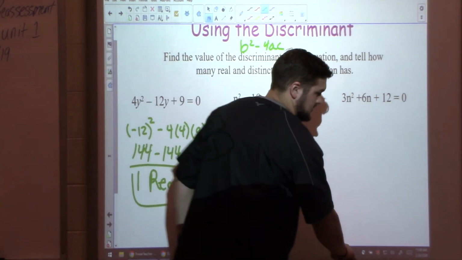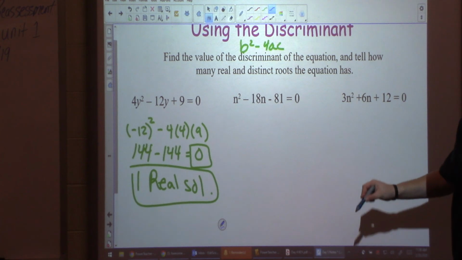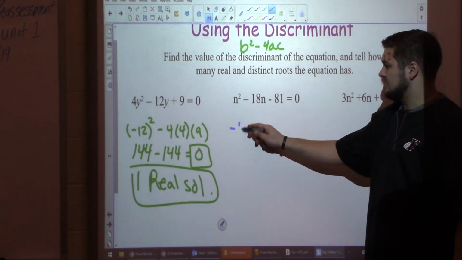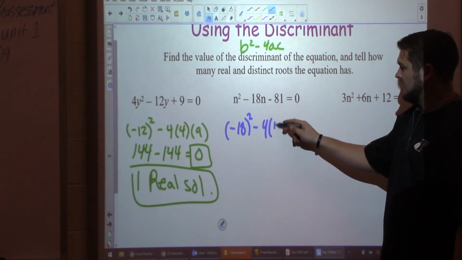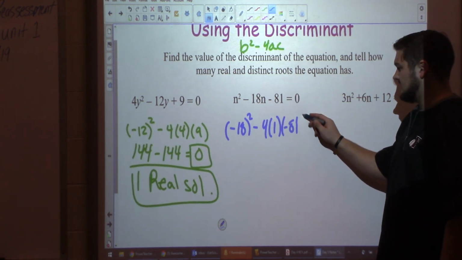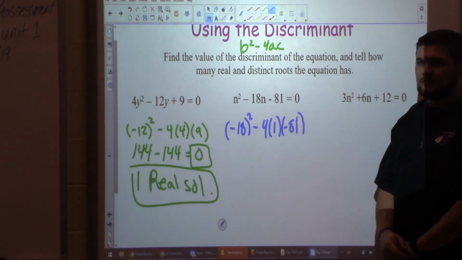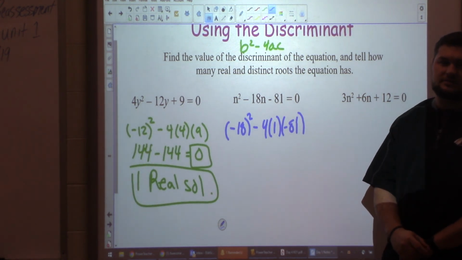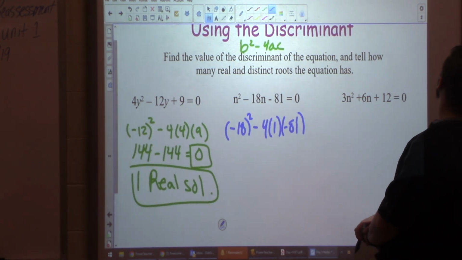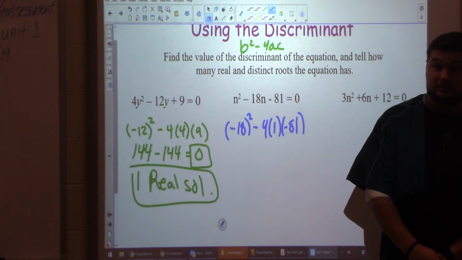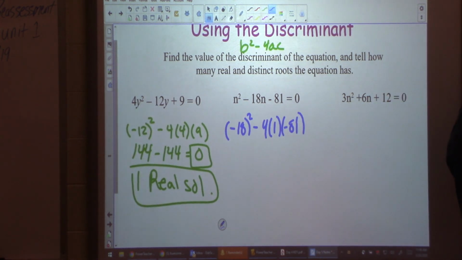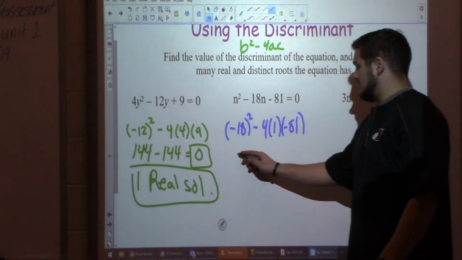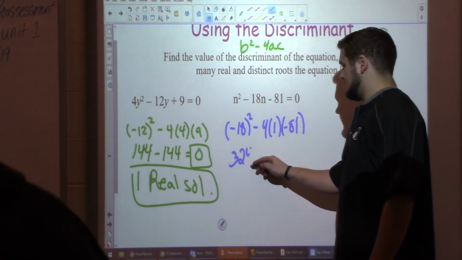Okay, let's try another one. Negative 18 squared minus 4ac. Well, negative 18 squared is 324.